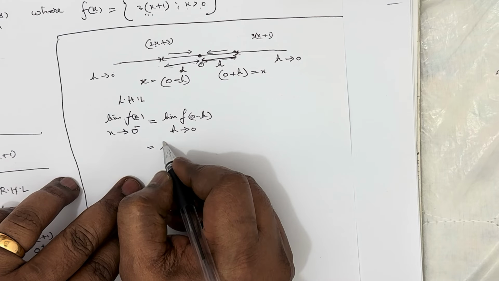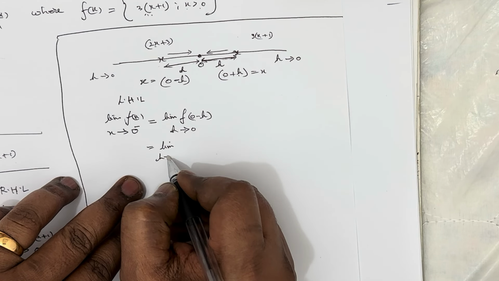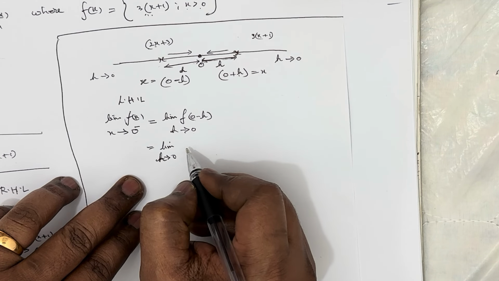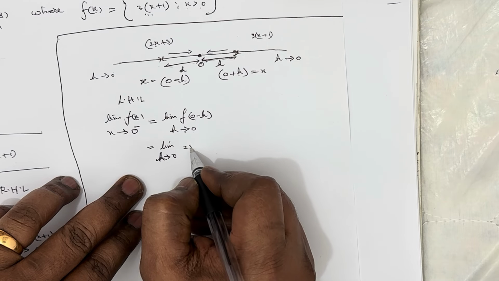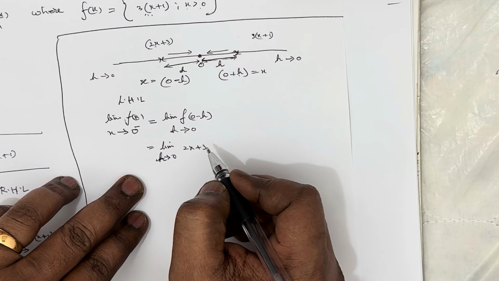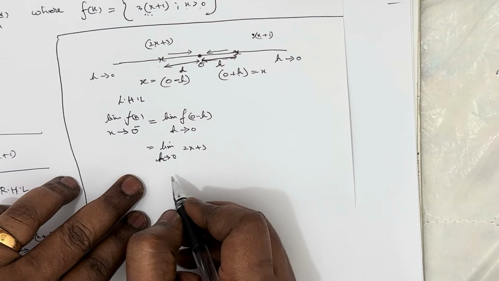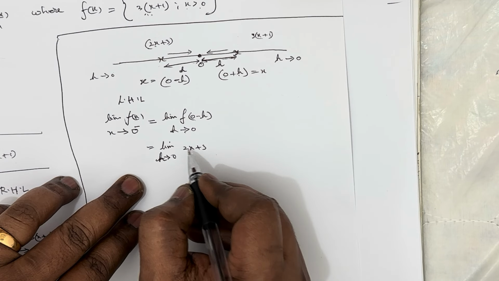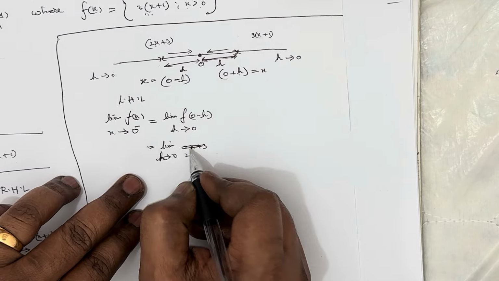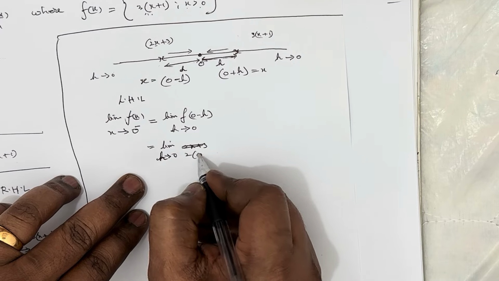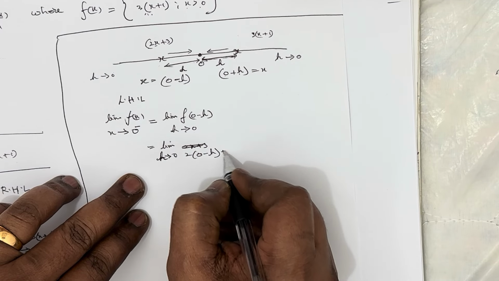So we write it as limit as h tends to 0 of 2x plus 3. Instead of x we replace it with 0 minus h, so 2 times (0 minus h) plus 3.